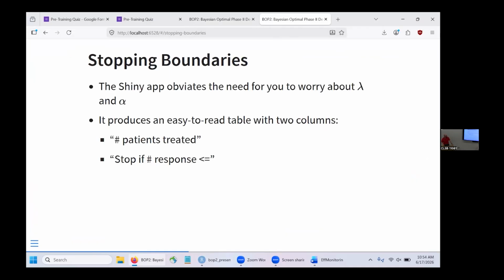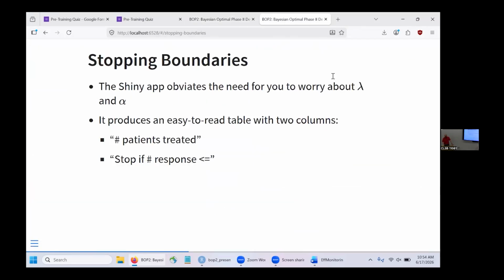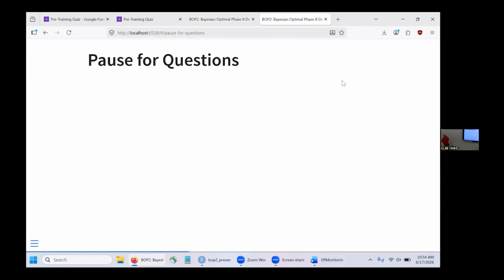That's what we have to use in practice. It's going to produce this very easy to read table, and we can just implement that. All right, so that was our in-depth treatment of binary efficacy. I'm now going to stop and ask, are there any questions?